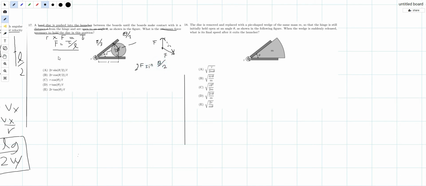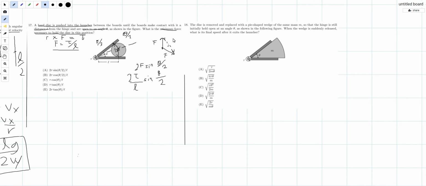So substituting back our tau by L value for F, we get that the net force exerted outwards would be 2 tau by L sine theta by 2, like that.